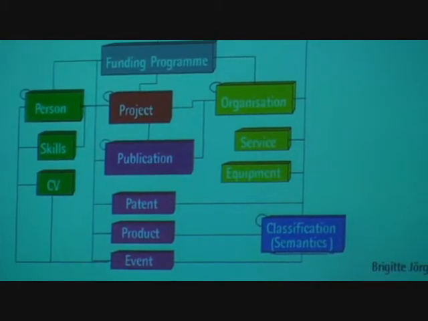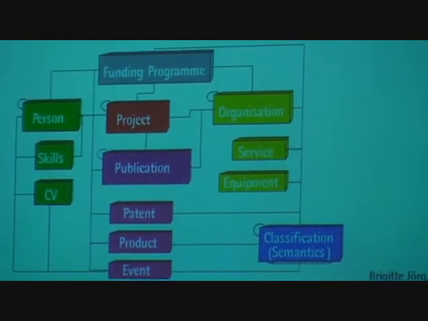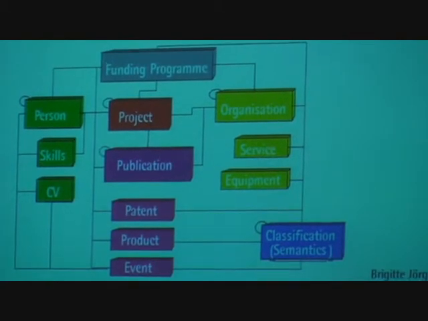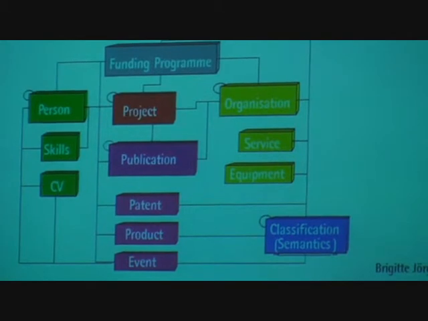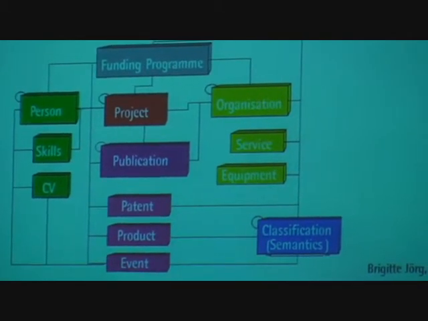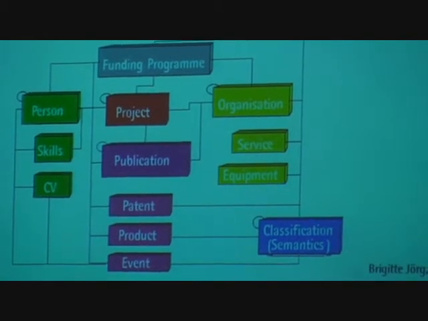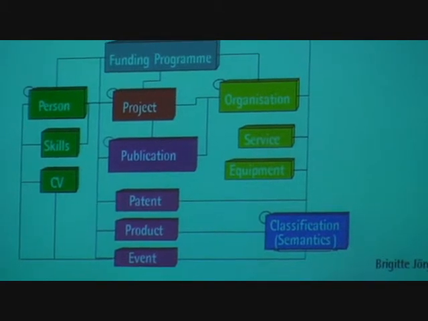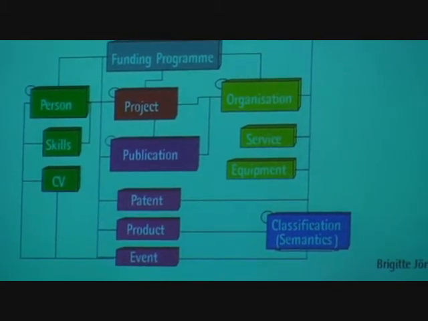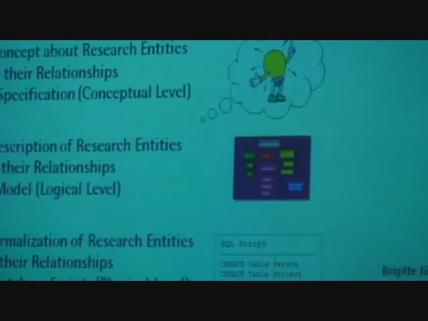So these are just the core entities the CERIF data model is covering, and for all these entities there are rather detailed metadata schemas on how to describe these entities, and we have many different types of semantic relationships between all these different entities, so you really can make use of what's covered inside such a data warehouse. Let's call it data warehouse.